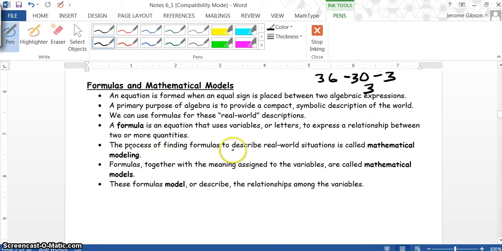The process of finding formulas to describe real-world situations is called mathematical modeling. Formulas, together with the meaning assigned to the variables, are called mathematical models. These formulas model or describe the relationships among the variables.